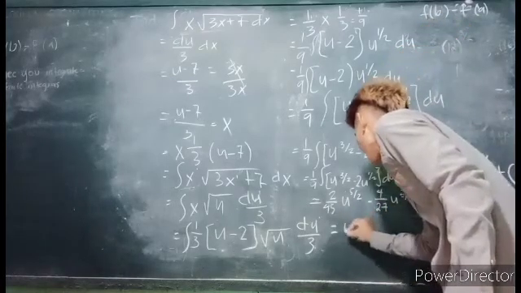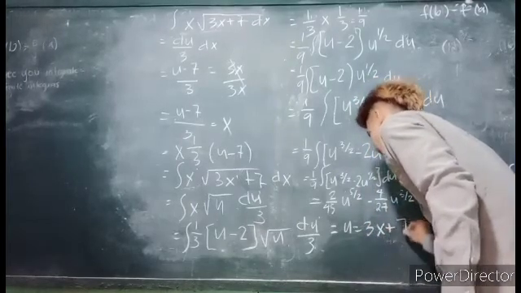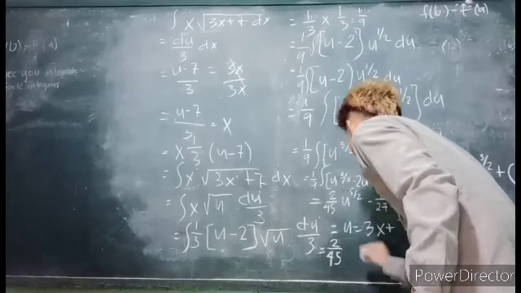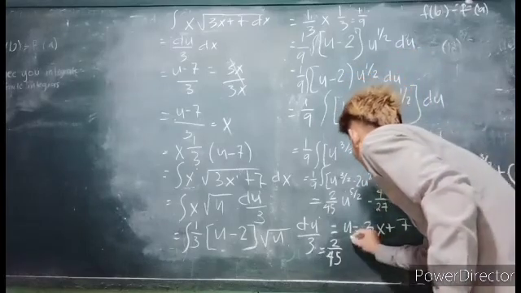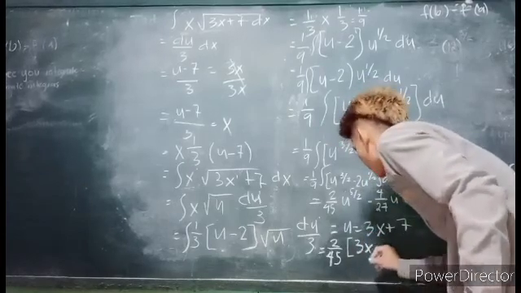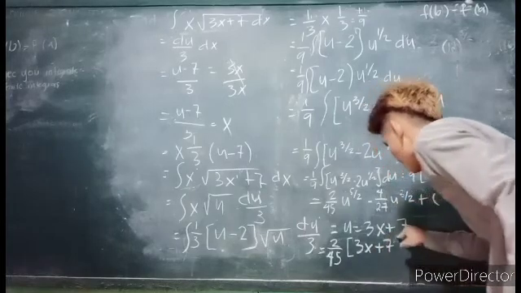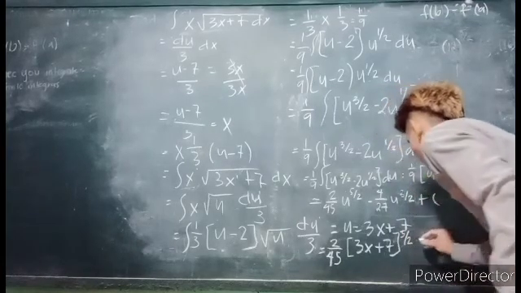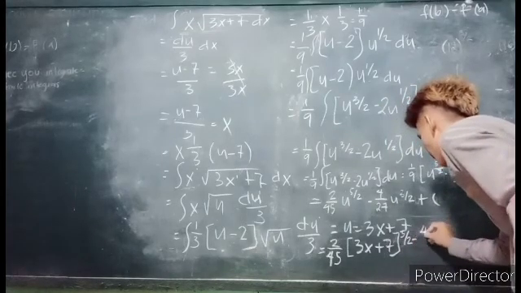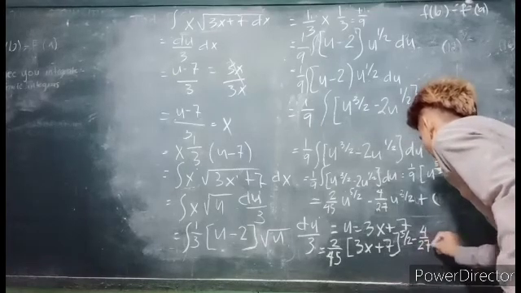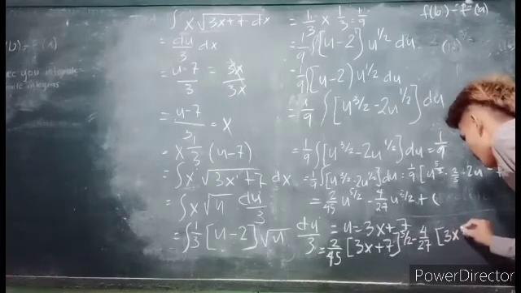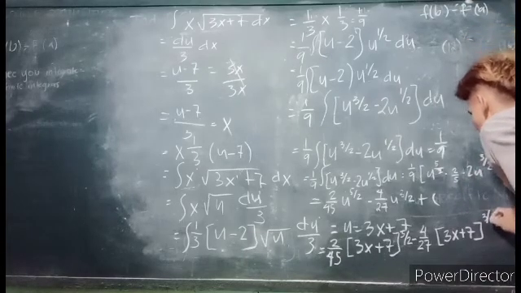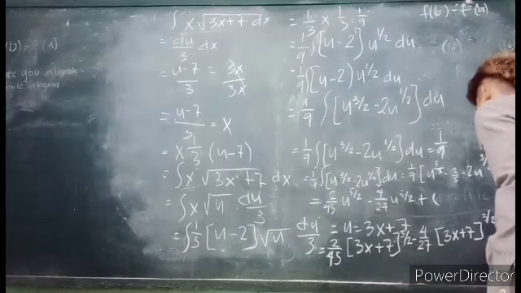So, 2 over 45 times 3x plus 7 raised to 5/2, minus 4 over 27, copy the u, 3x plus 7, then raise to 3/2 plus c.